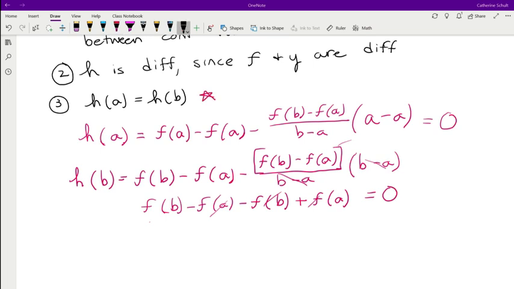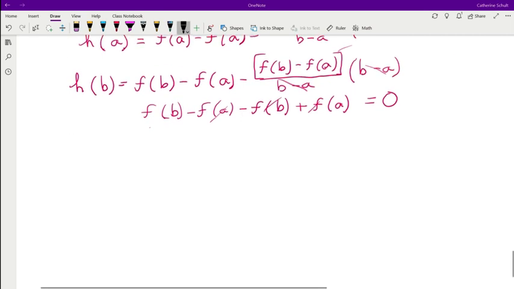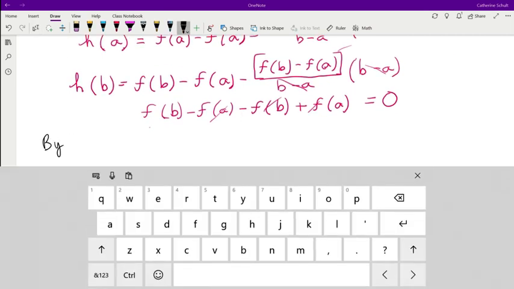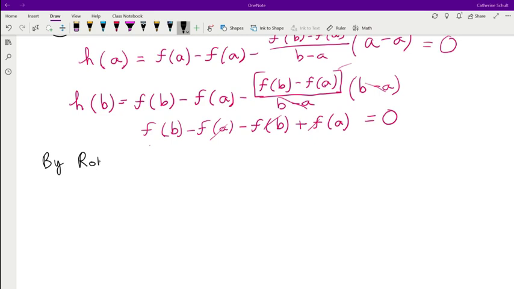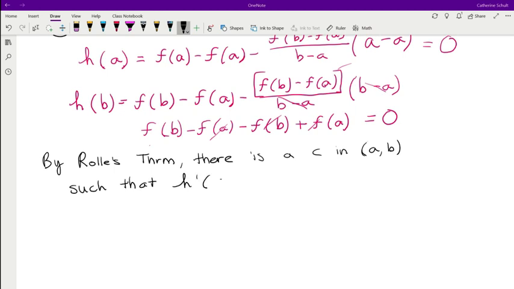So now that we've shown those three things, we can use Rolle's theorem. So then we can say by Rolle's theorem, there is a number, we'll call it c, where the derivative is 0. Okay.